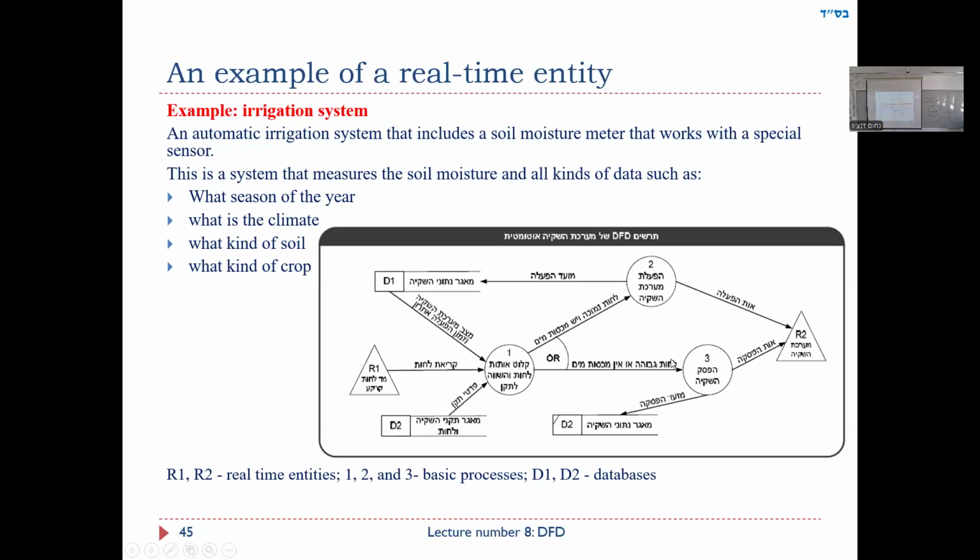But if it's moist, or it's not moist but there's no water, then I will go to stop water. So if I'm running out of water or the soil has become saturated, I will stop. The or means don't do both of these steps. Only one of these processes will happen after this process. Either one. So I write an or here, and I write it with this line.